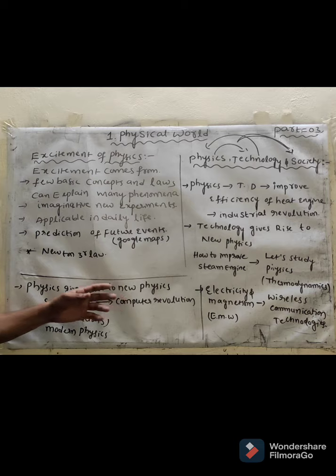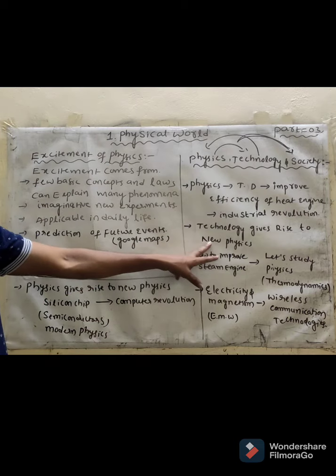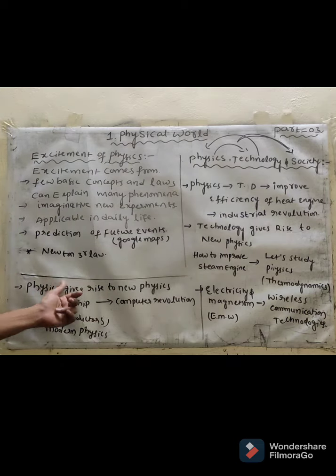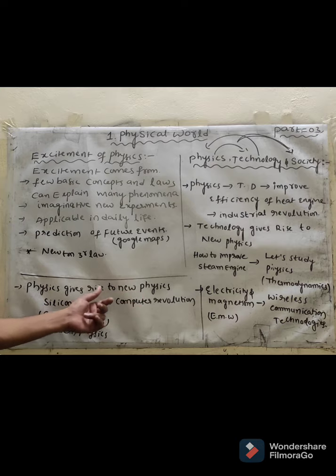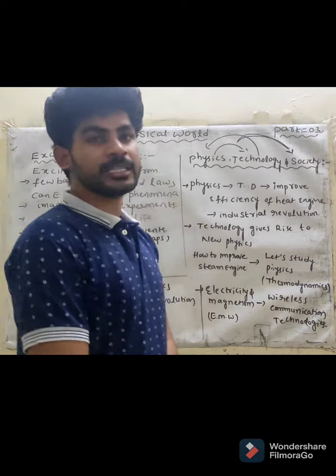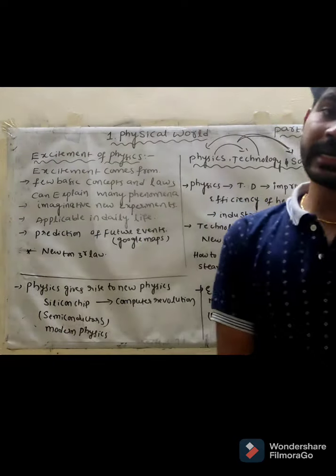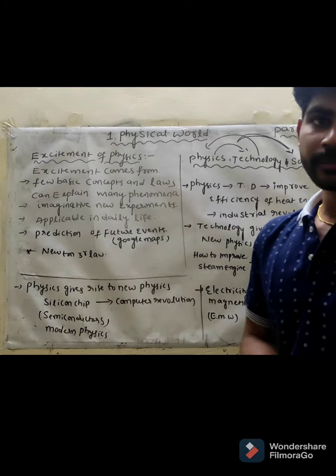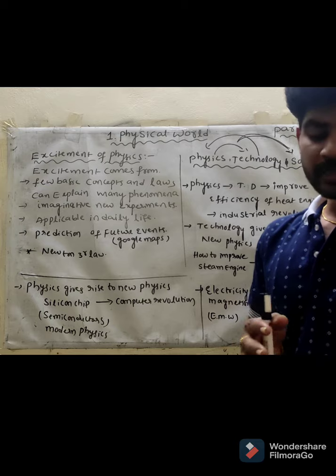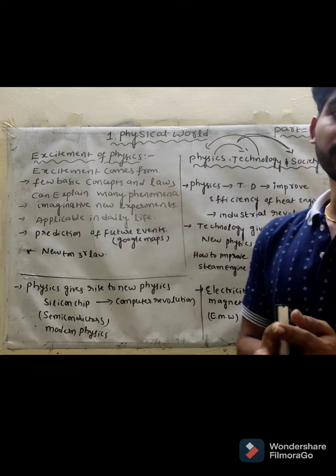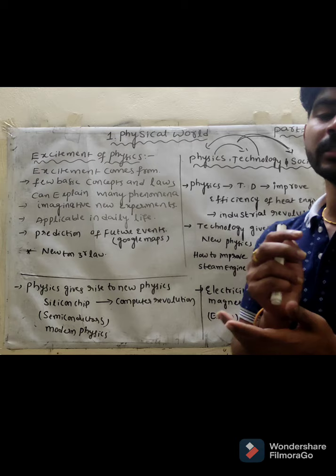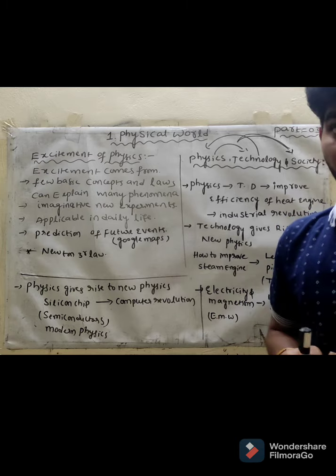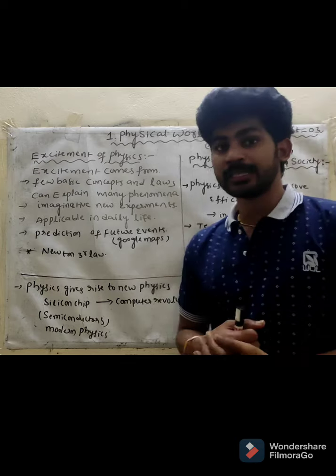One more example: physics gives rise to new physics. Here technology is giving new physics, and physics gives new physics. What is that? The silicon chip. Silicon chip means conductors, which is again physics only. We keep remodifying those conductors: first generation computers, second generation, third generation, fourth generation, and the future.